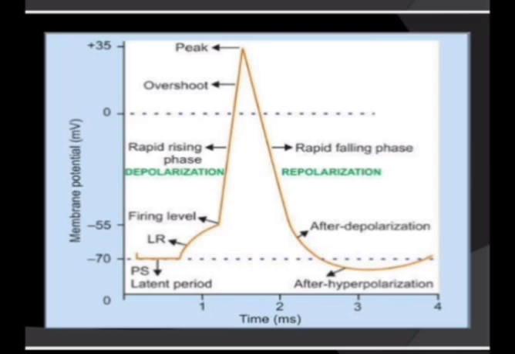Action potential can occur in the following stages. First, we will start with the resting membrane potential. So number 1 is resting membrane potential.